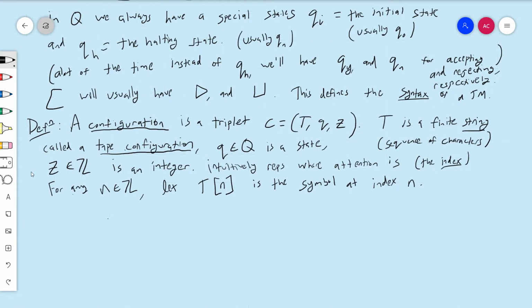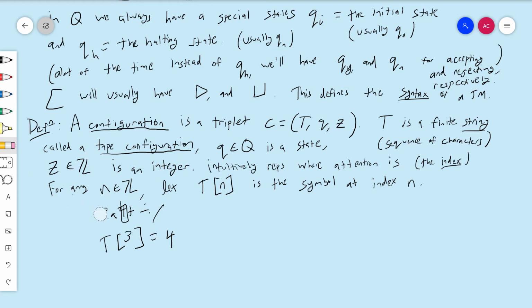So for example, if t is equal to 3 a 4 plus negative, let me divide sign this, then t of, I'll call this 1, t of 3 will equal 4, right? It's the third thing. So this is just going to be my way of talking about specific symbols on this tape configuration.